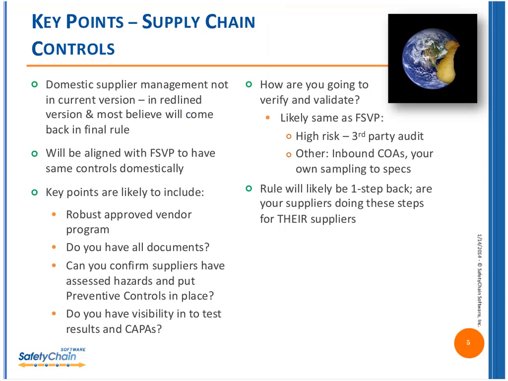So let's look at the supply chain controls rule and some of the key points there. I think probably the first key point to look at is this first bullet. If you've been looking at all of the different versions that have been coming out, you'll notice that domestic supplier management was redlined out of the current version.